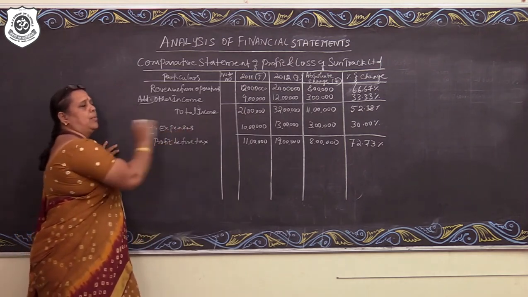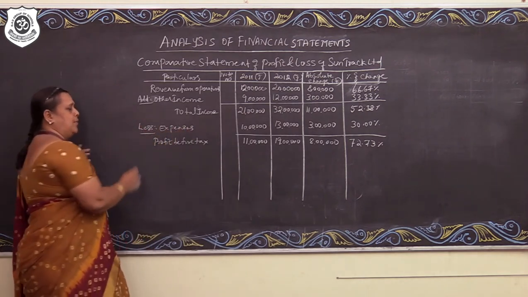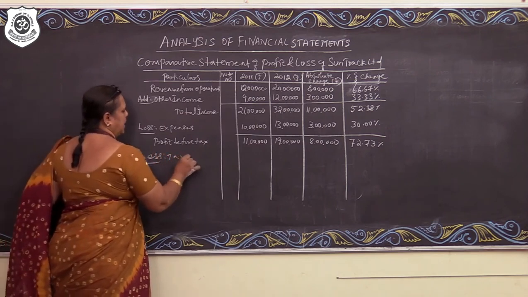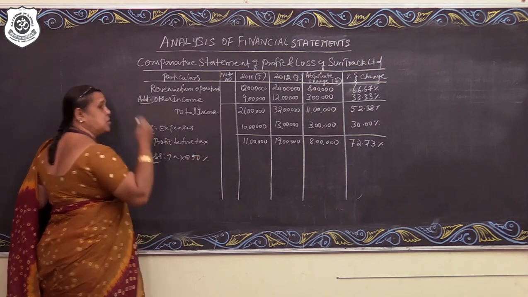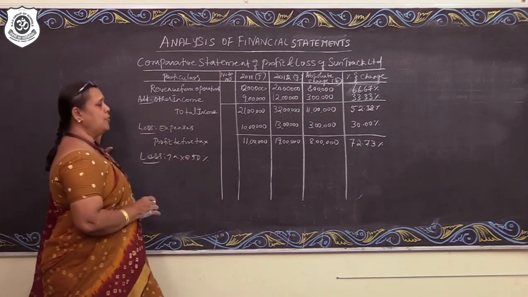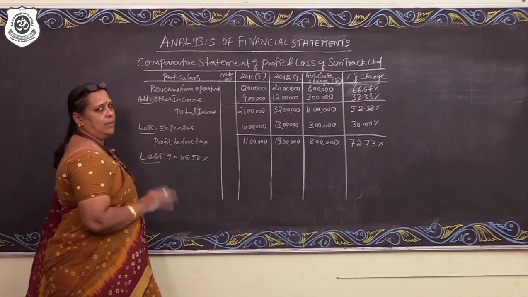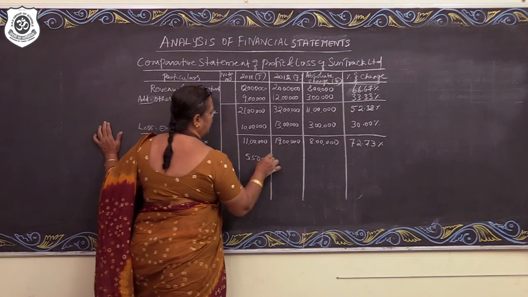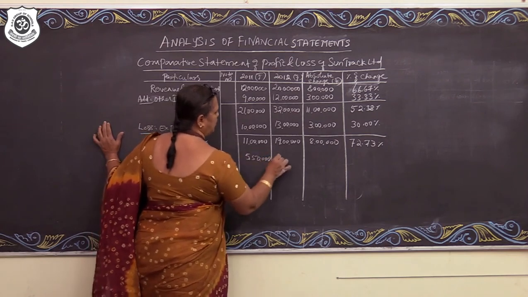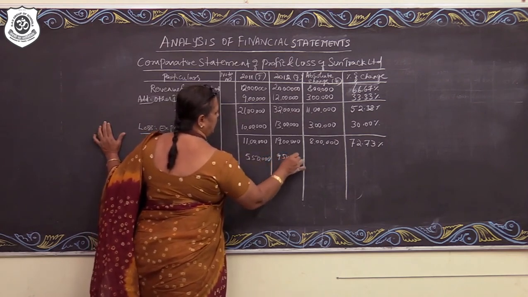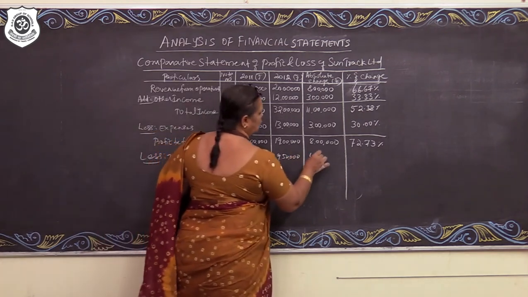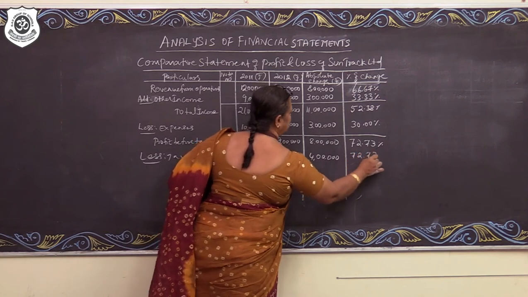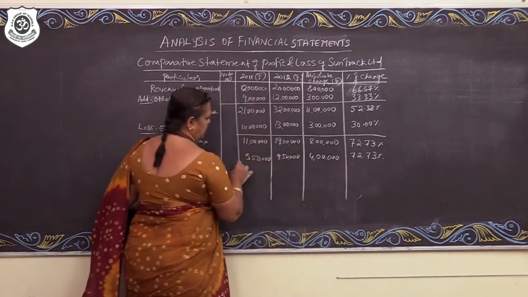Now, in this question, you are not given the tax percentage, so we would be ending the problem with this. But let's assume there is a tax of 50%. Less tax at 50%, assumed. Assume that there is a tax at the rate of 50% for both the current year and the base year. Then the tax amount will be 5,50,000 for the base year and 9,50,000 for the current year, leading to an increase of 4 lakh rupees, and the percentage will remain the same at 72.73%.